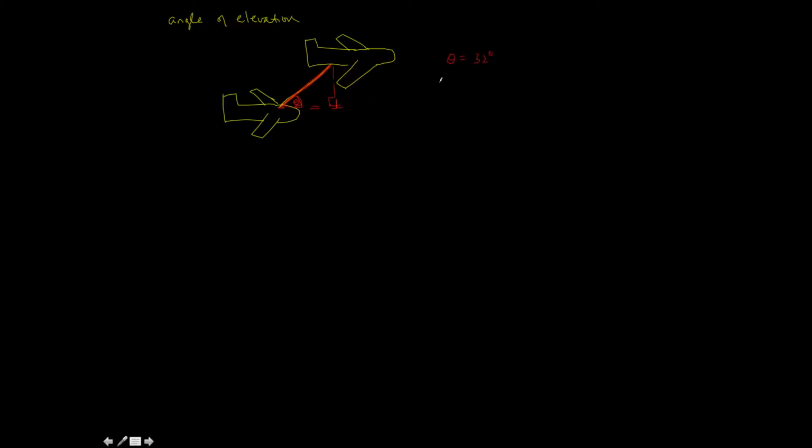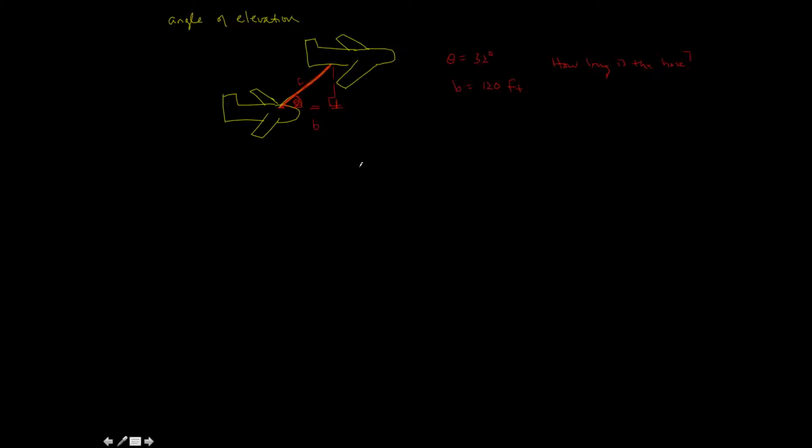We're going to call this side B. Side B here is 120 feet. What we want to know is, how long is the hose? That would be C here, our hypotenuse, because it's across from the right angle.